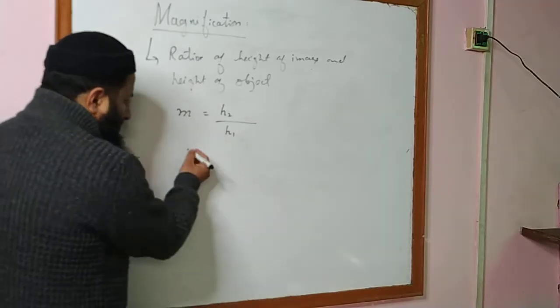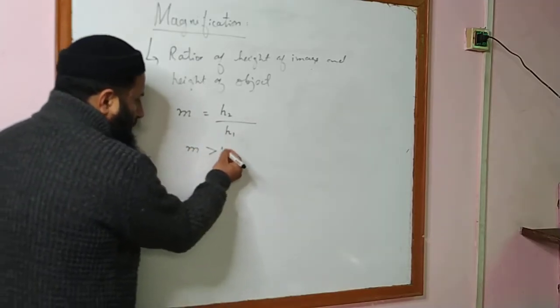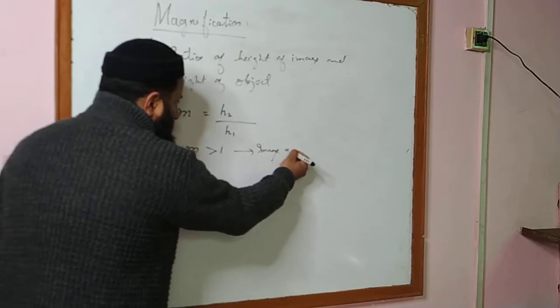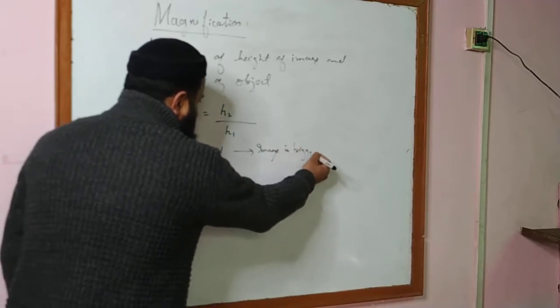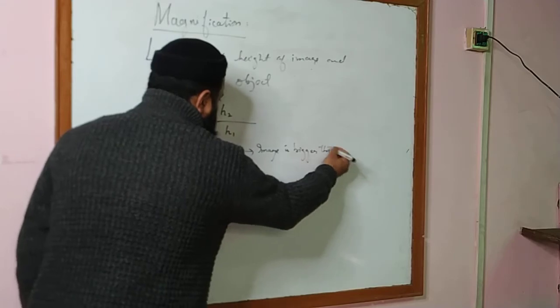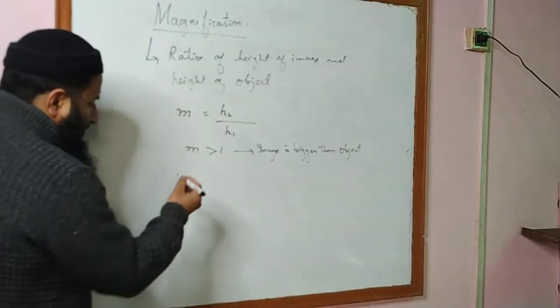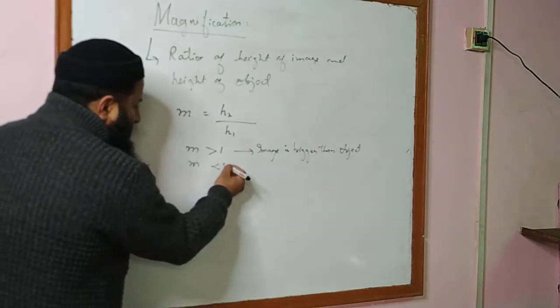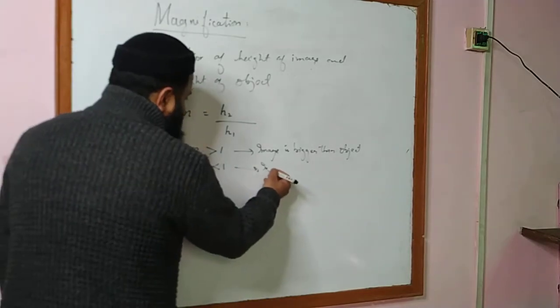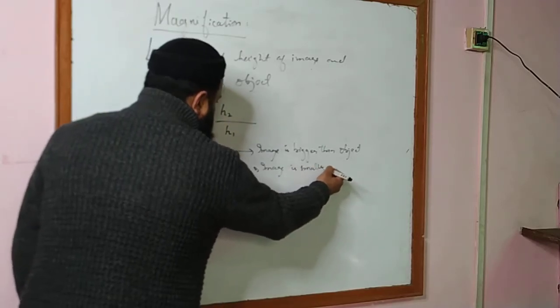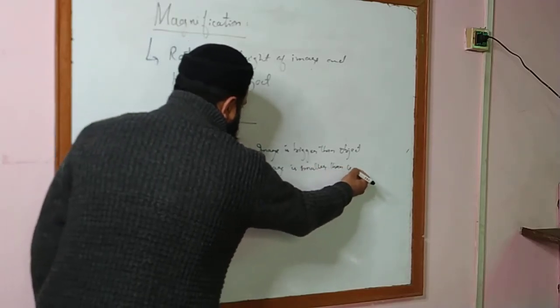Remember, if m is greater than 1, it means image is bigger than object. If the value of m is less than 1, it means image is smaller than object.